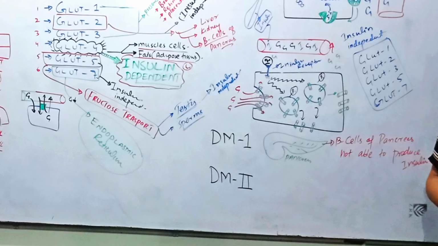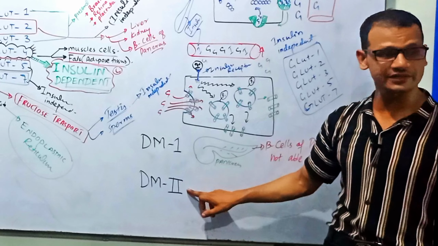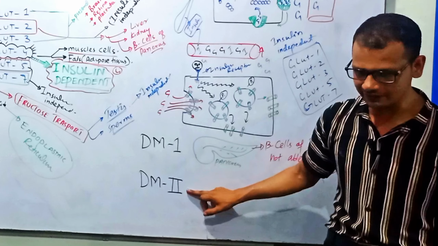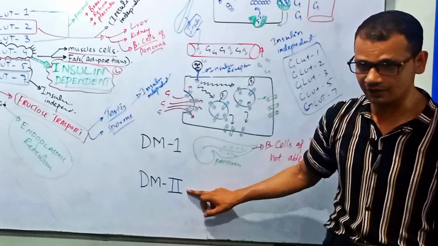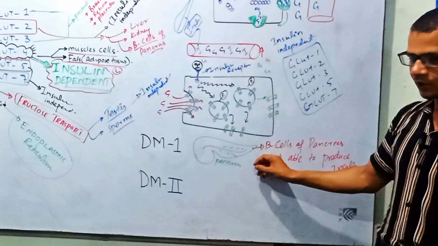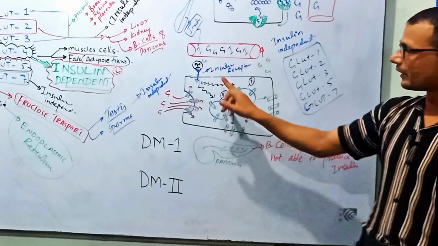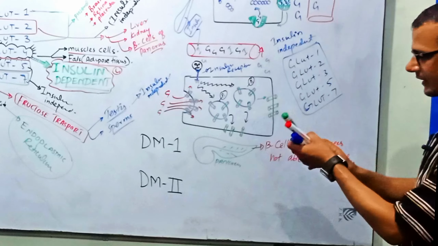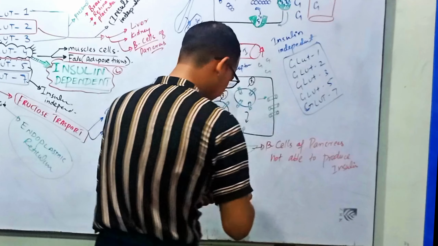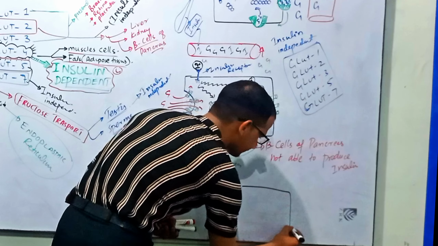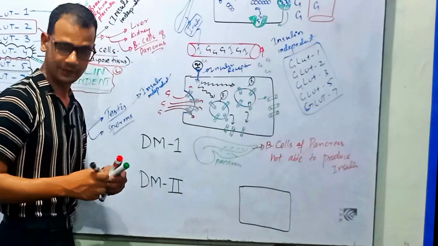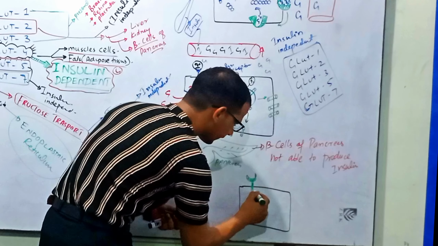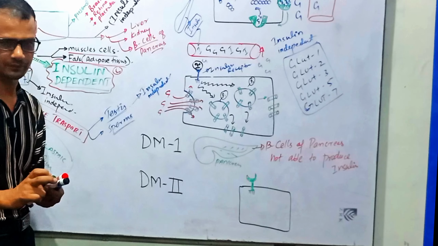What is diabetes mellitus 2? This is called insulin resistant diabetes mellitus, because the pancreas is producing enough insulin, but there is a resistance at these receptors. For example, I am taking another cell here. This is the cell, right? And this is the insulin receptor.